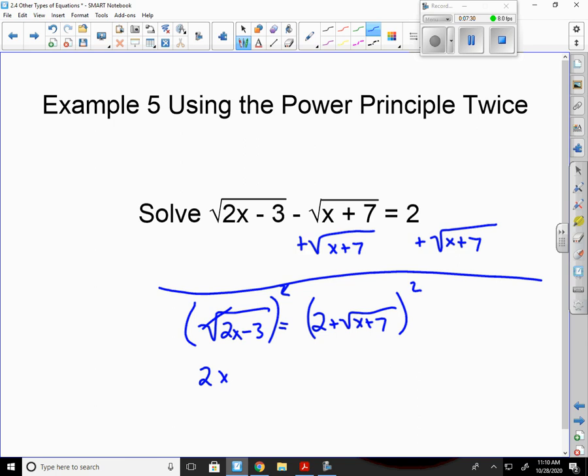I'm left with 2x minus 3. On the right-hand side, it's going to give me 4 plus 4 times the square root of x plus 7. And then it's the square root of x plus 7 squared, which will cancel my square root out.